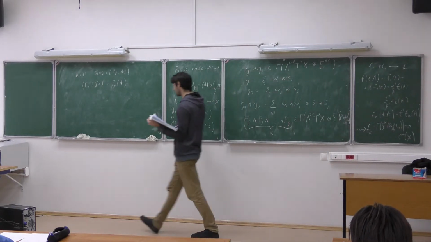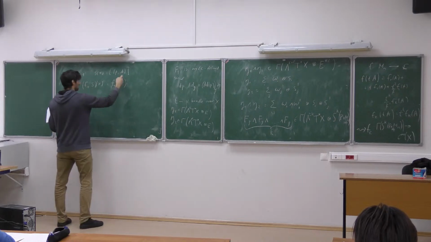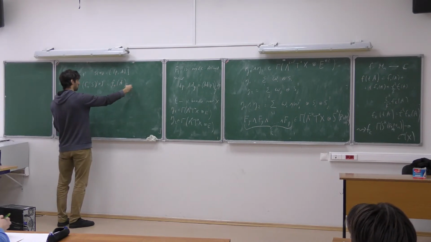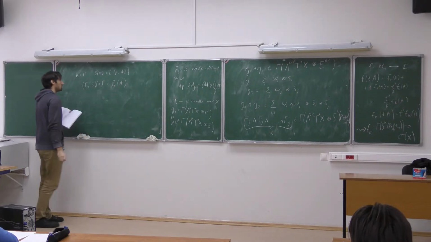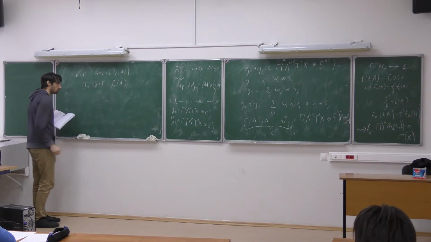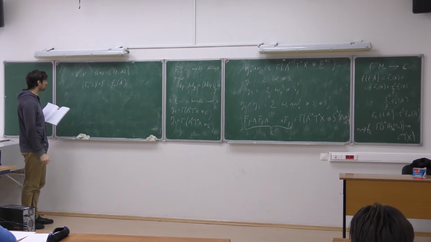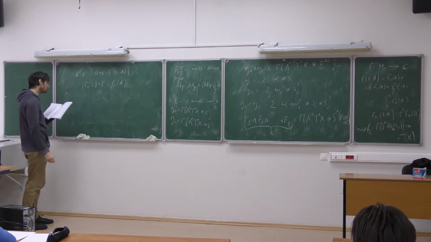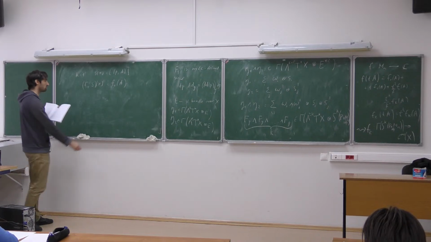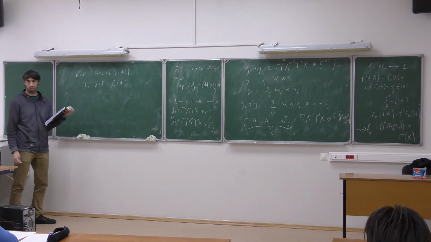So it gives me F1 of A, which depends on x, so this from a section gives me some map on X. I need to check that it's well defined. It's well defined because this is ad-invariant.